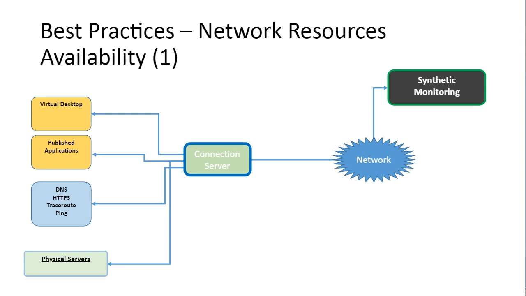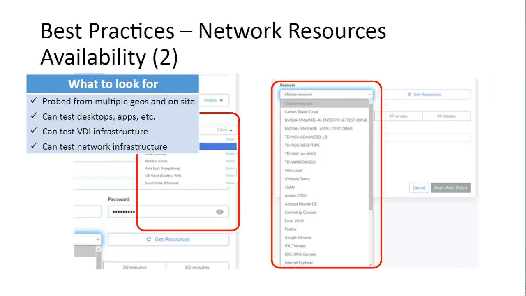But if you do synthetic monitoring testing of these resources and make sure they are available, it's a huge win because you can proactively alert your users that the resources aren't available. A lot of these can go out there, and in this case, it checks the published applications as well as the desktops. It even checks things like DNS, to make sure that it can be resolved as well.